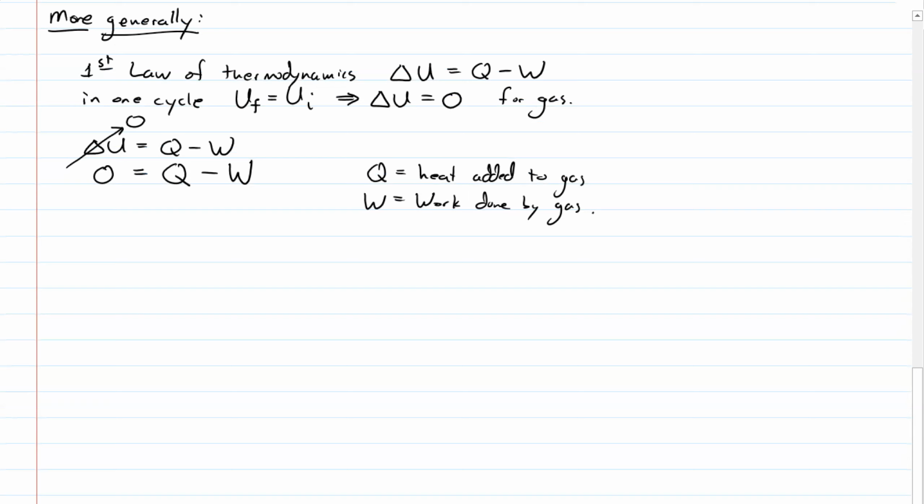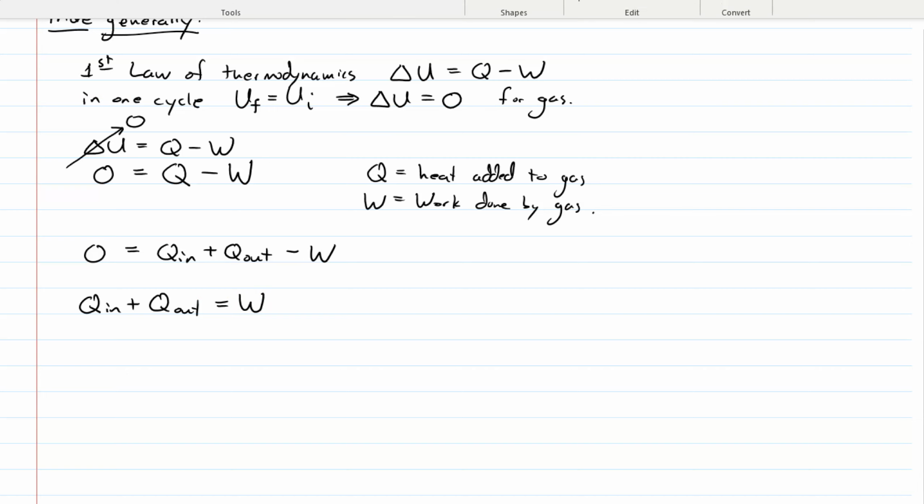So this is like the net work and the net amount of heat added to the gas. So I'm going to do it like this. It's going to be Q in plus Q out, because the heat might be added and also exhausted, minus W. And so I get this relationship that Q in plus Q out is equal to the work done by the gas.